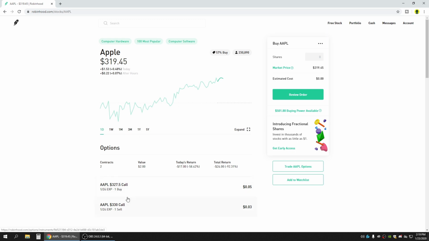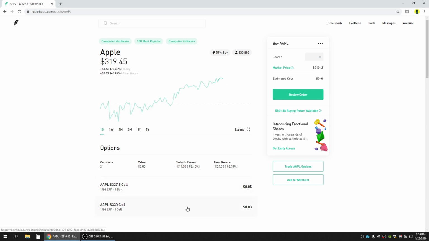The only way to make the maximum gain, whether it's $250, $100, $50,000, your debit spread has to expire in the money. Both contracts, the one you bought and the one you sold, have to expire in the money. And of course, you can sell out of the options before the contract is up. Say Apple was trading at like $325.